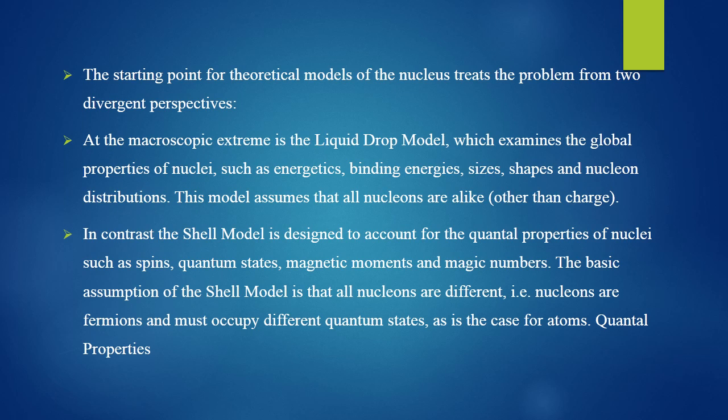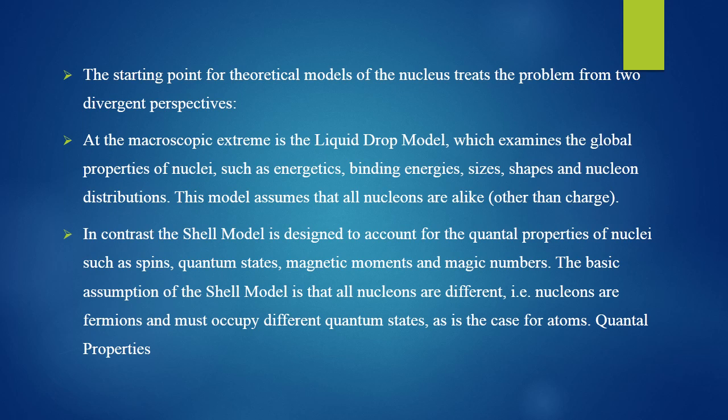This model assumes that nucleons are alike other than the charge. It resembles a drop of liquid, and the properties of a liquid are similar and comparable to the nuclear structure.